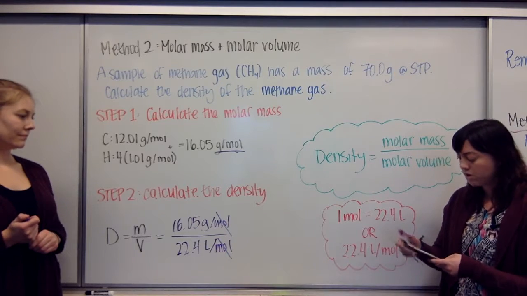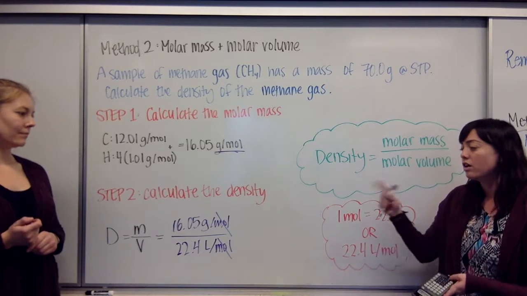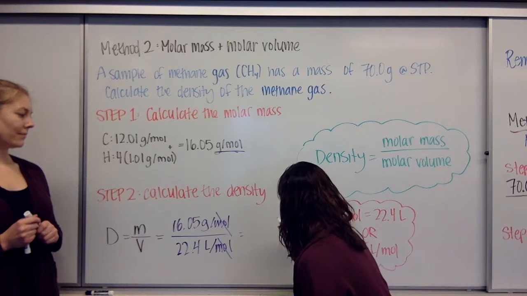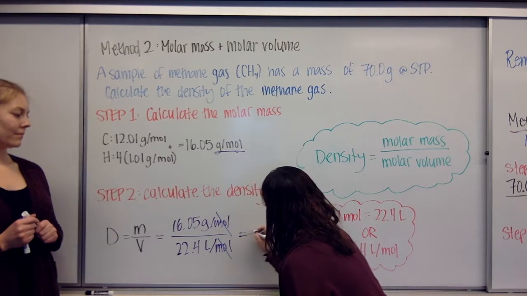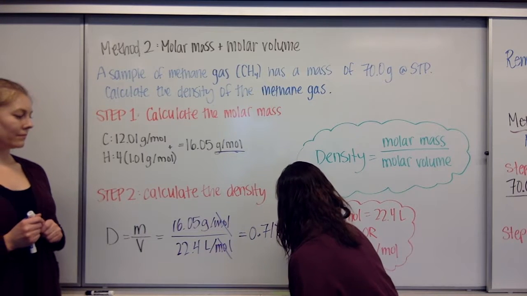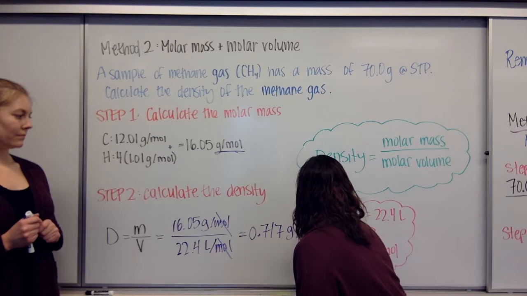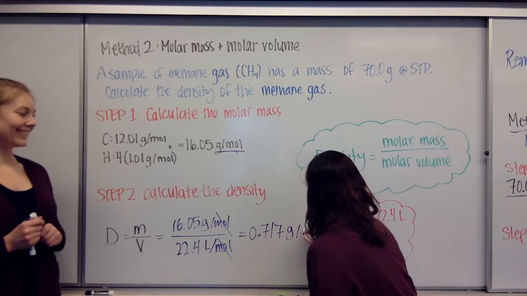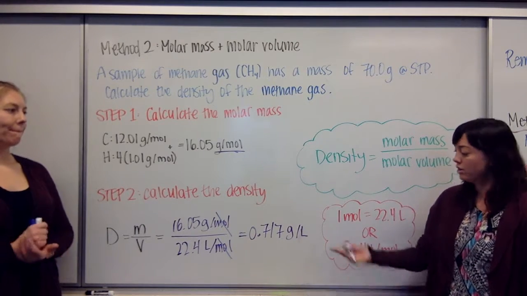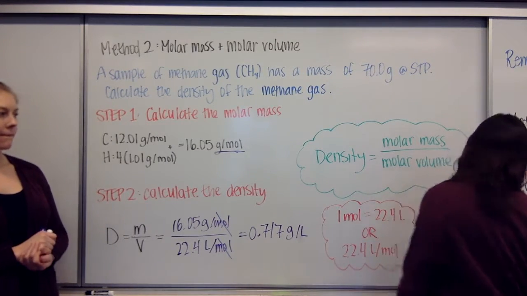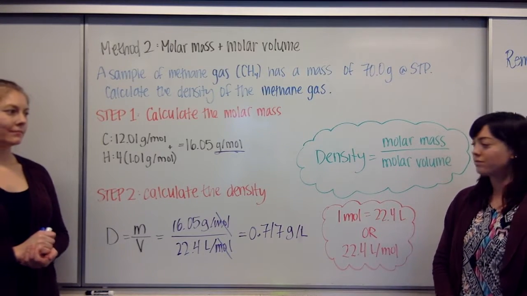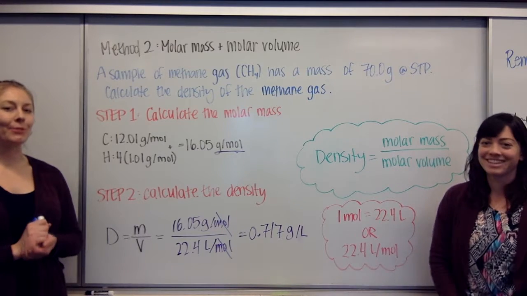So all I do is I put 16.05 into my calculator, divided by 22.4, and I end up with 0.717 grams per liter. Grams per liter, because my moles canceled out. You can see our last one, because of rounding and sig figs, it was pretty darn close. That is the density of methane. That's it for today. Hope you enjoyed the short video.